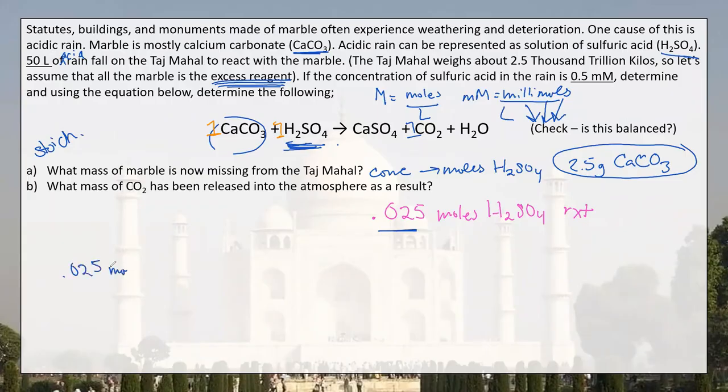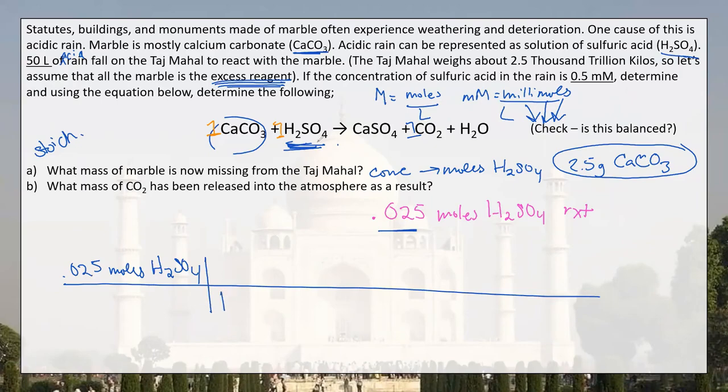0.025 moles H2SO4. And then 1, 1, 1, right?